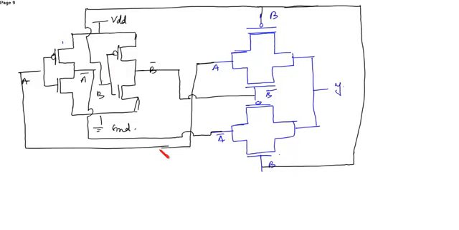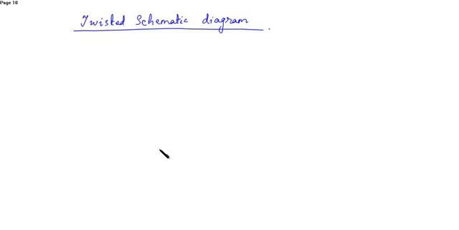Now let's see the twisted schematic diagram of a 2-input XOR gate. So we have 4 PMOS and 4 NMOS. You can see in the first discussed schematic there were 8 PMOS and 8 NMOS, but here there are 4 PMOS and 4 NMOS.